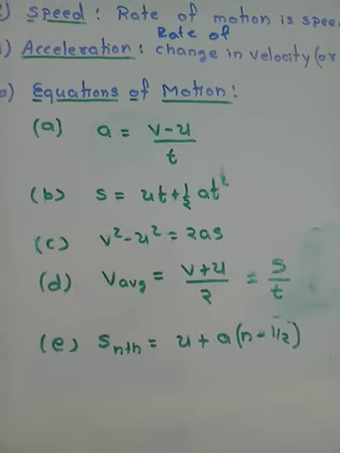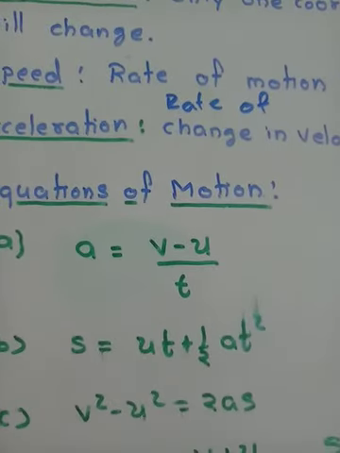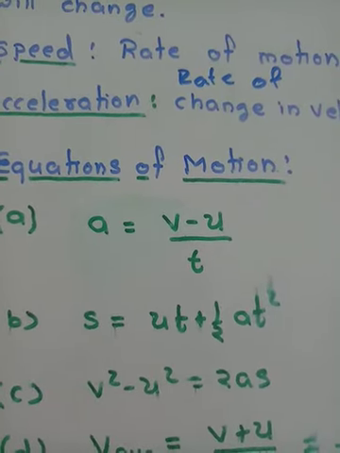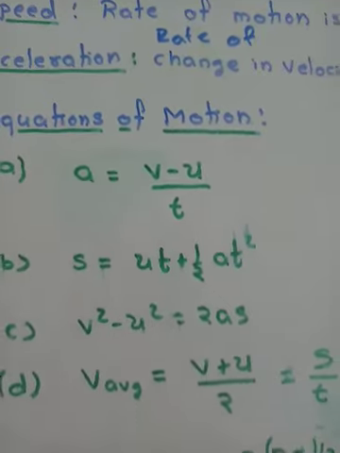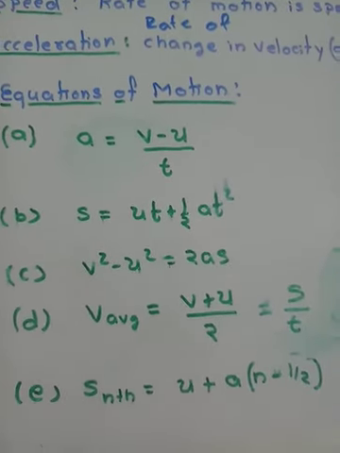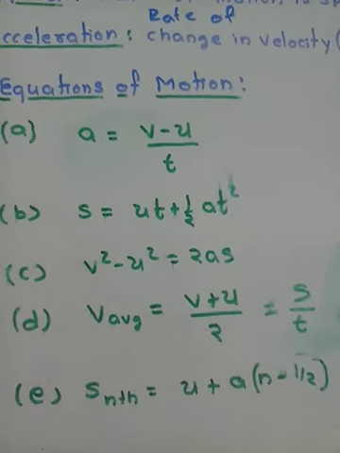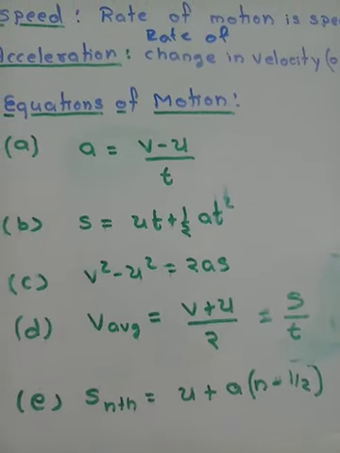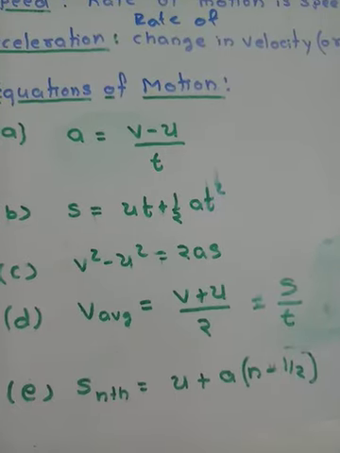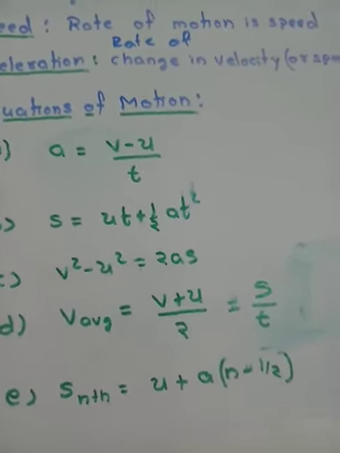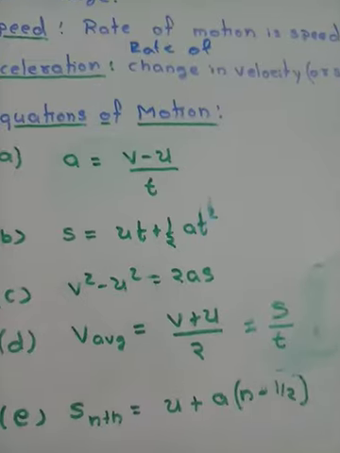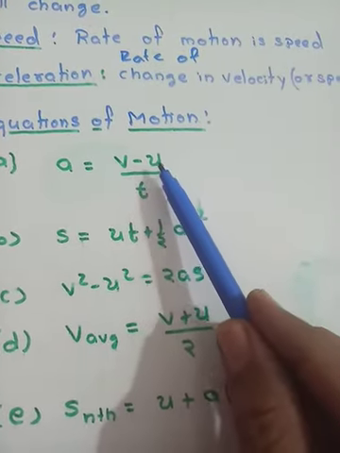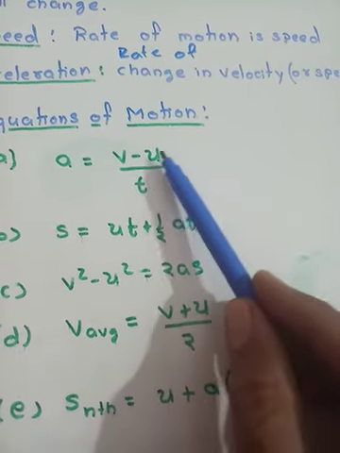Say, for example, equation number A. It is about acceleration, v minus u upon t. How do we define acceleration? We define acceleration as rate of change of velocity or rate of change of speed. Now what is change in speed? You calculate it as final speed minus initial speed.